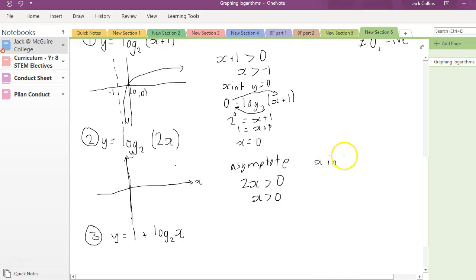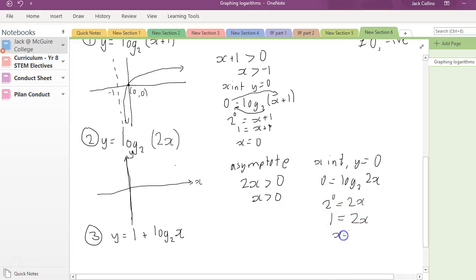X-intercept when y equals 0. So when 0 equals log to the base 2 of 2x, 2 raised to the 0 is equal to 2x. 2 raised to 0 is 1, so 1 is equal to 2x.